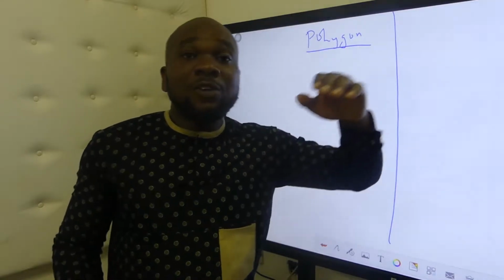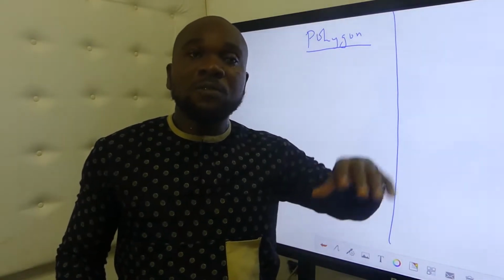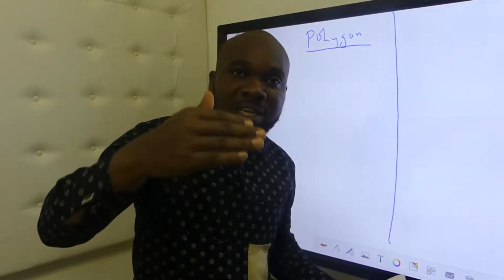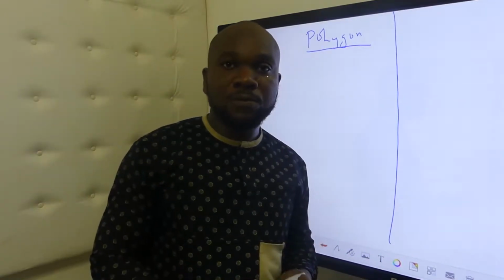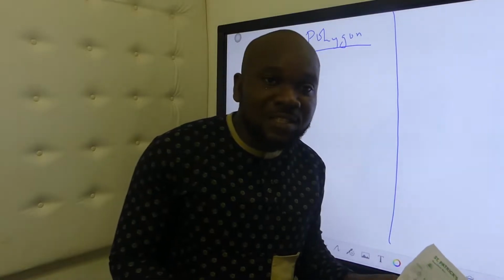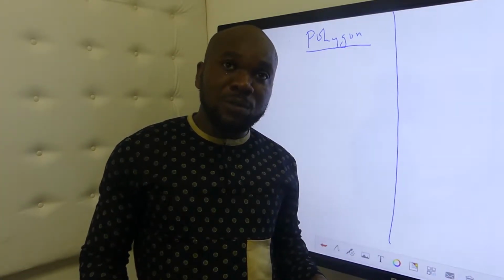So two lines can never form a polygon. A polygon is formed from three sides and above. The number of sides of any polygon determines the name of that polygon.